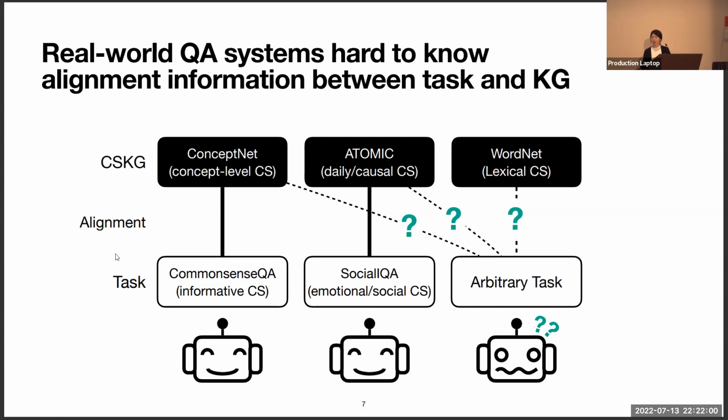However, it is really hard to know which kind of common sense knowledge graph has a strong alignment with an arbitrary task. Also, considering that real world tasks usually require various types of common sense at the same time, it is hard to apply it in the real world.